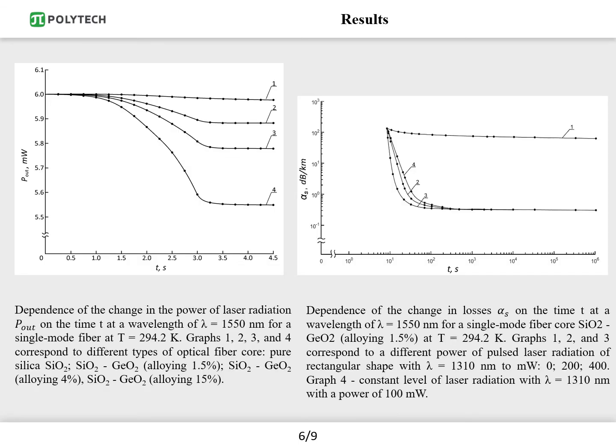So, the results. These figures show the results. The first one shows the results of changes in the power of laser radiation at the output of optical fiber from time t when exposed to gamma radiation in the form of a pulse with a duration of 2 seconds, and exposure dose of 100 gray for various types of optical fiber.